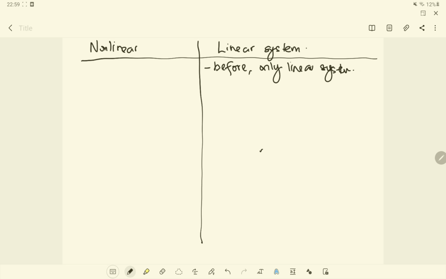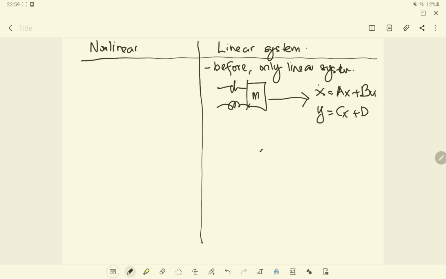Let's say you have a spring mass damper system, which you have learned before. Then you convert to state space. You get x dot equal to Ax plus Bu, and y equal to Cx plus Du.